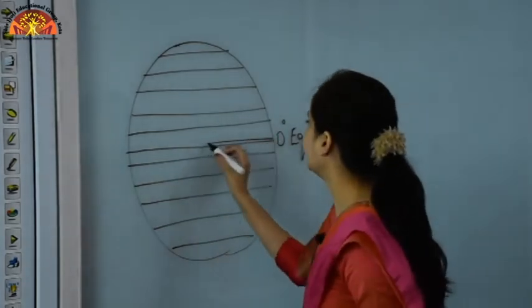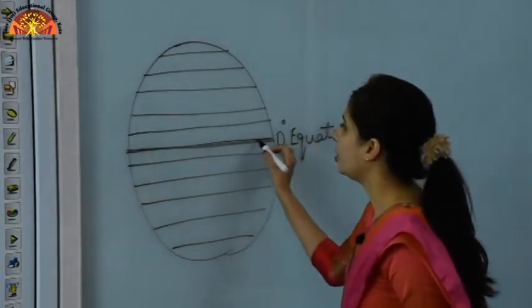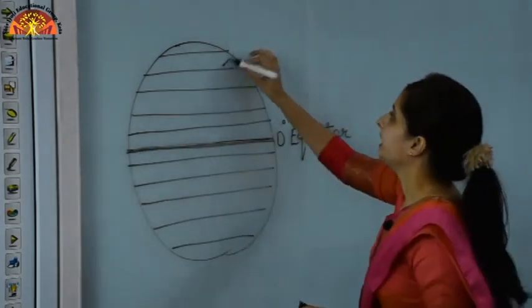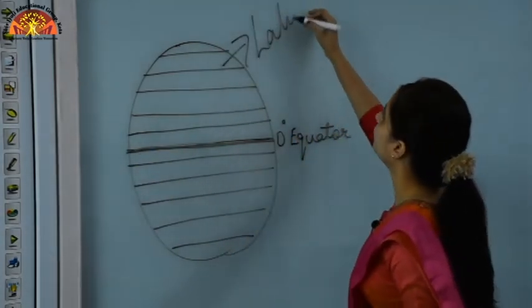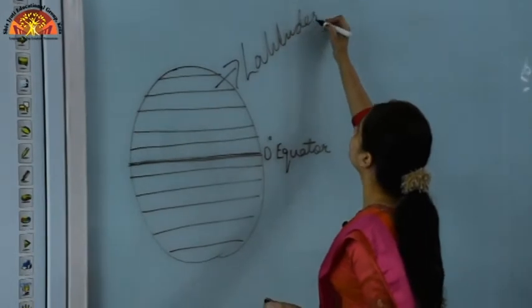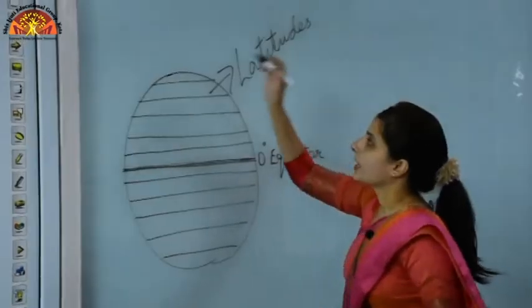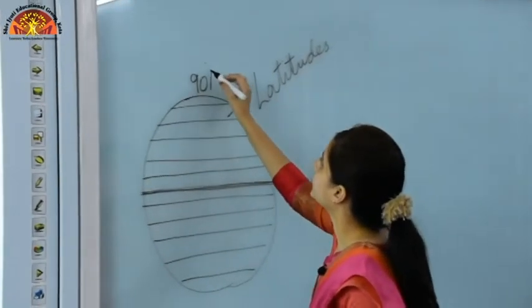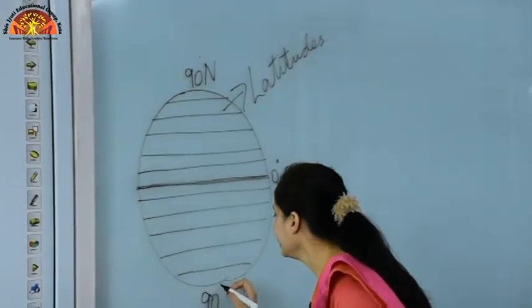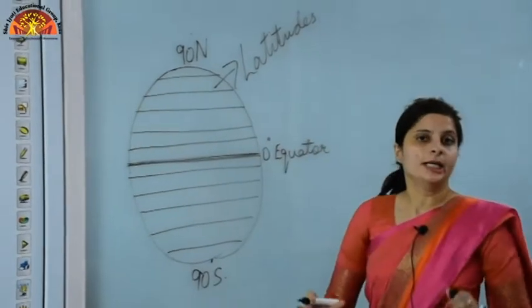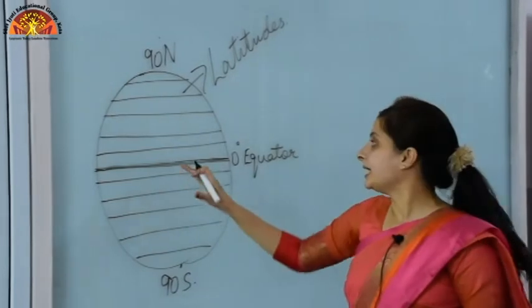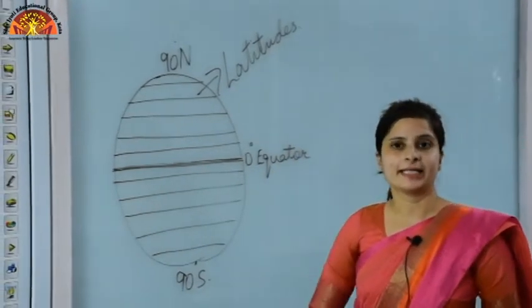This line over here is the equator, which is the longest latitude. These are the horizontal lines which are named as latitudes. Over here it meets at 90 degree north and 90 degree south. So there are a total of 180 latitudes, and including the equator it is 181.